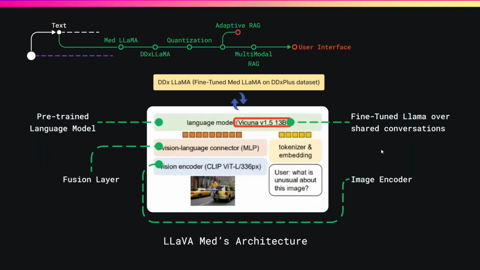So what we came up with was that we could use a different language model, instead of this Vicuna version 1.5, that was fine tuned on the data that I just showed you, and then swap it out with this Vicuna, and use this as one whole LLaVA-Med that was just text fine tuned on our custom data set.